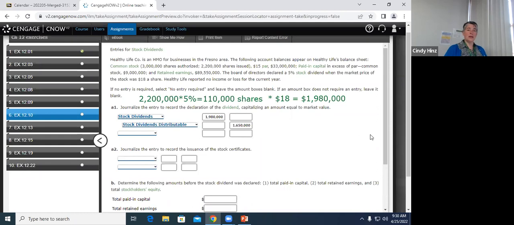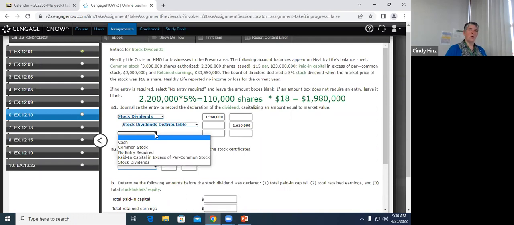It is a stockholders' equity account. It belongs with the contributed capital, but it is a holding account, as I said, until we actually distribute those shares.